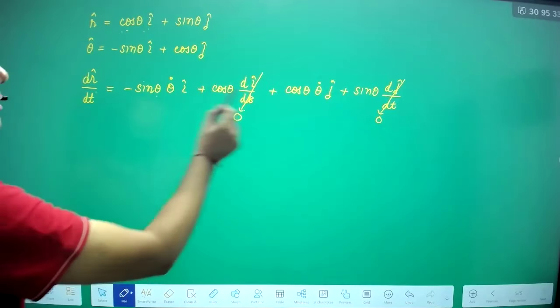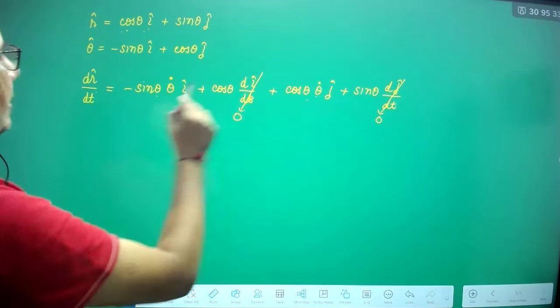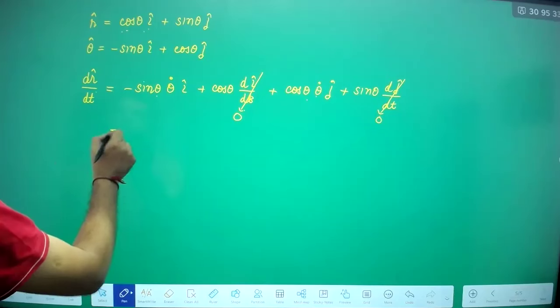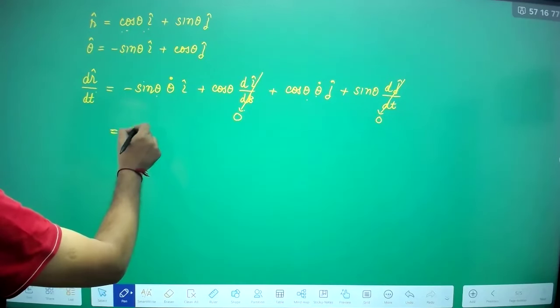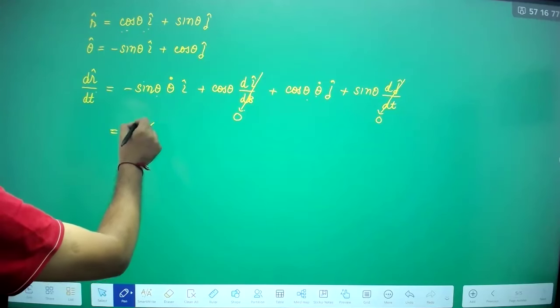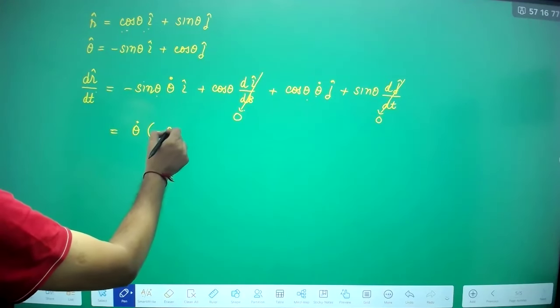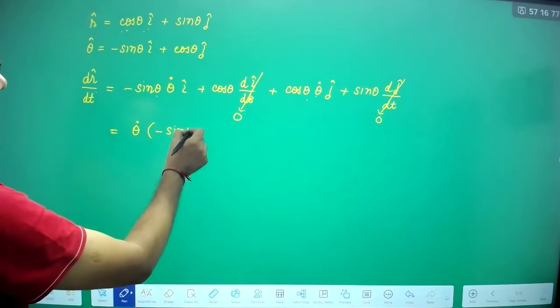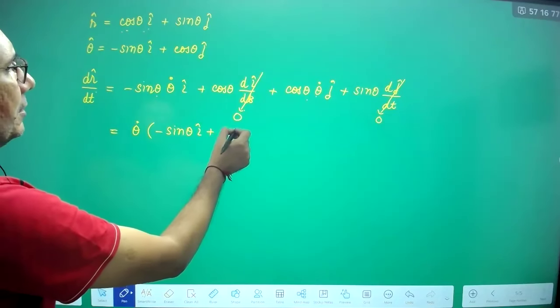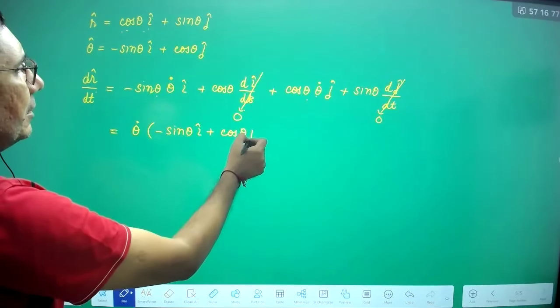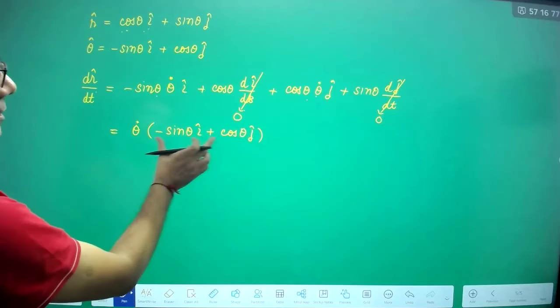Now from here and here, take this theta dot common. If you take this theta dot common, then what you are going to be left with is minus sin theta i cap plus cos theta j cap. What is in the bracket?